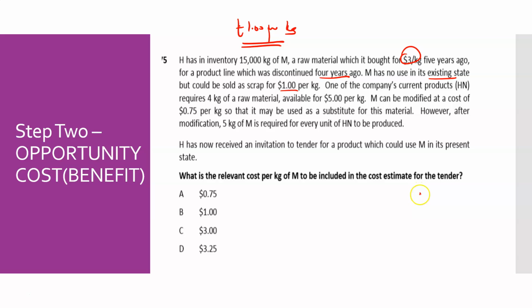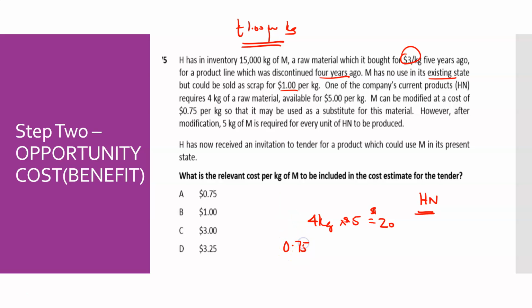But then you have another scenario here. You have this other product, HN, which requires 4 kilograms of raw material. So to make each unit, you would need 4 kilograms, and you would spend £5 each, and therefore you would spend £20. Or you could modify M at a cost of 0.75.